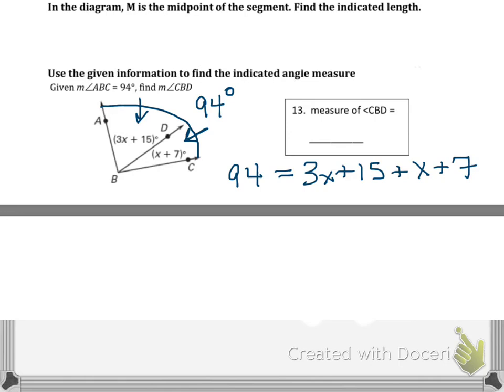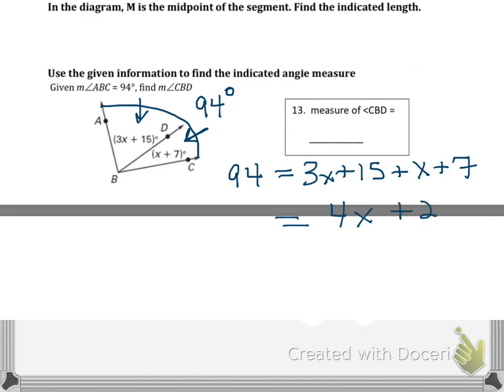All right, so I have numbers on both sides, and I have x's on one side. So why don't we take our first step and combine the x's. So 3x plus another x is 4x. Okay, now let's combine the numbers. So 7 and 15 is what? 22, right?